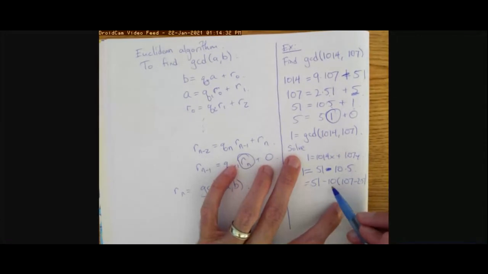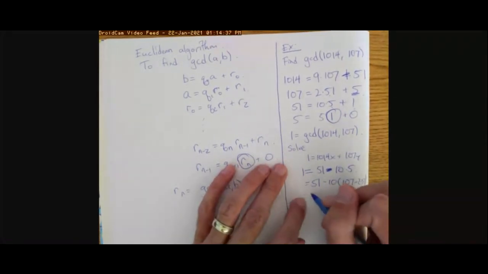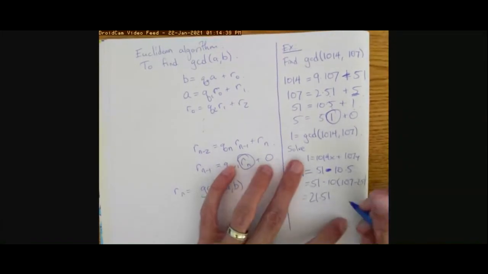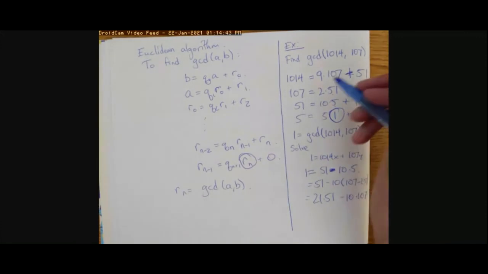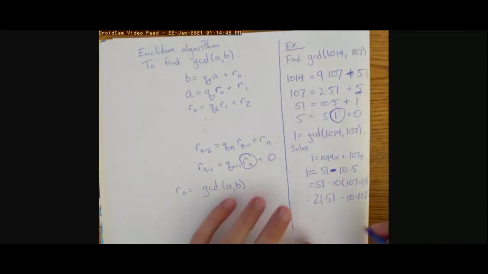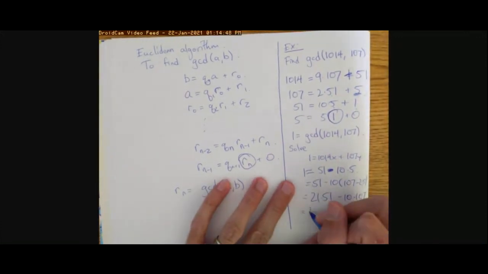Okay, and now we rearrange everything. So we get 21 51s minus 10 times 107. Now we replace 51 by in terms of 1014 and 107.